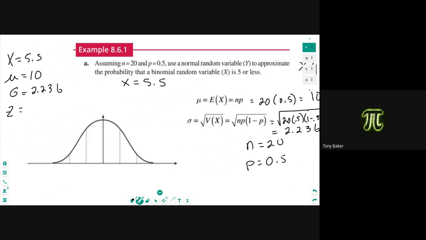On the right side or the left side of the graph? The left, because my mean is 10, right? So that means it's going to be somewhere over here. And we're looking for less, so we're looking for that area there. All right, so find me my z-score.